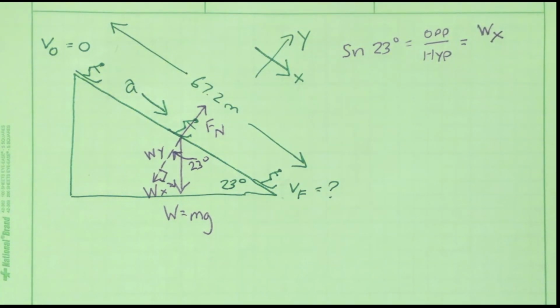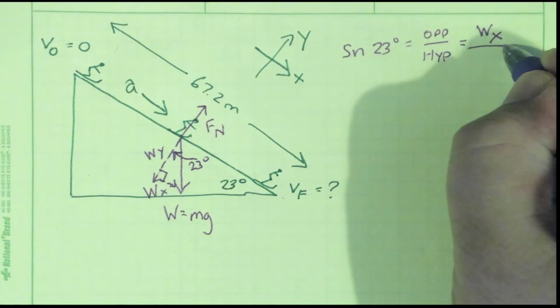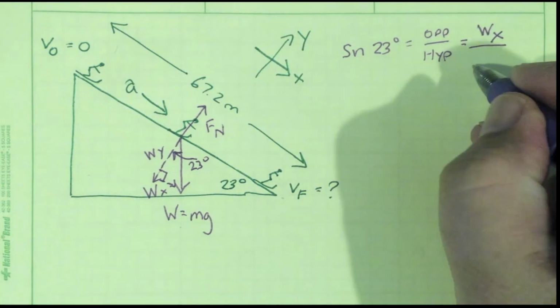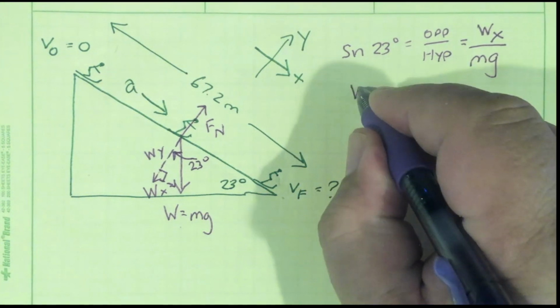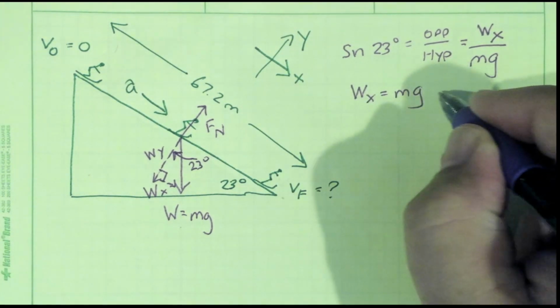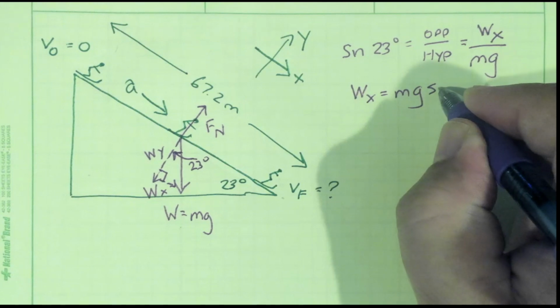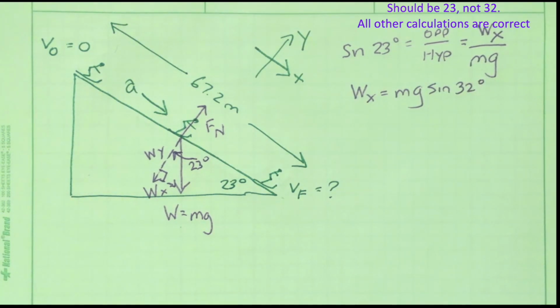This is a departure from some problems we've done before, but you always have to be very meticulous about this. Don't try to memorize anything. Work through it. And the hypotenuse is this right here, mg. Rearranging the formula to solve for WX, we now have a formula for WX: mg sine 23.